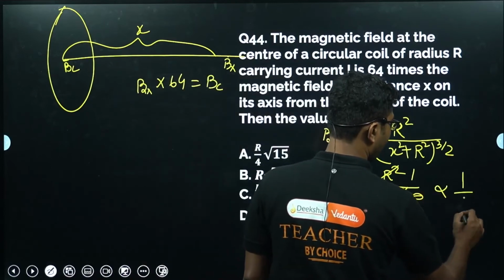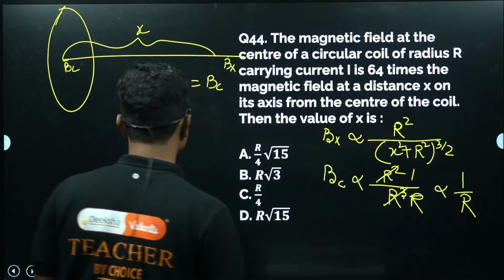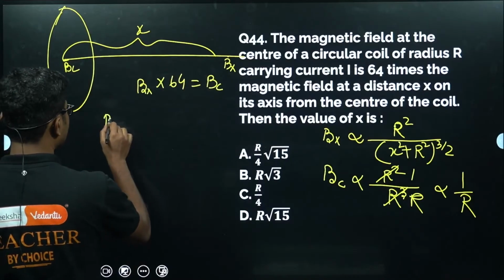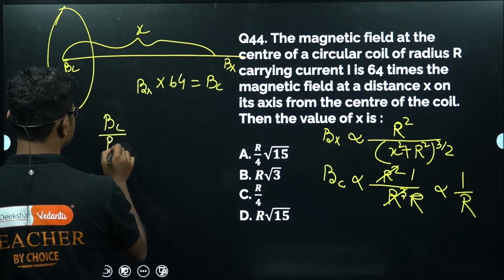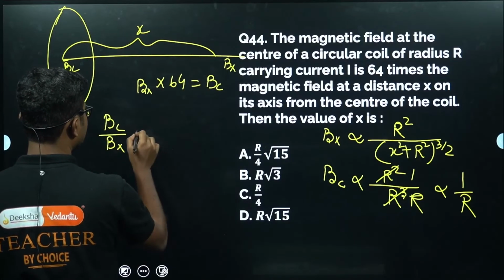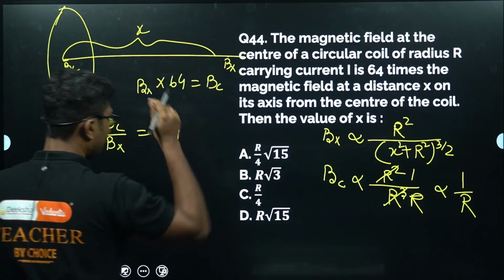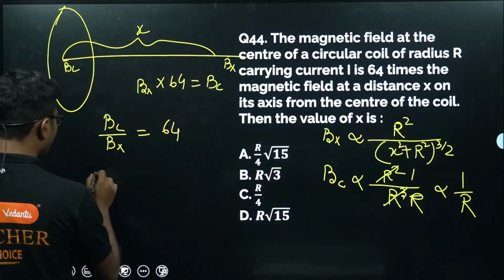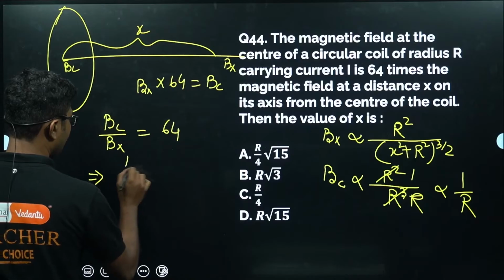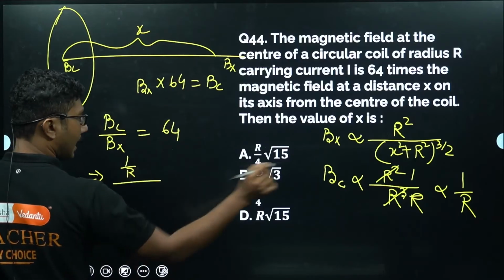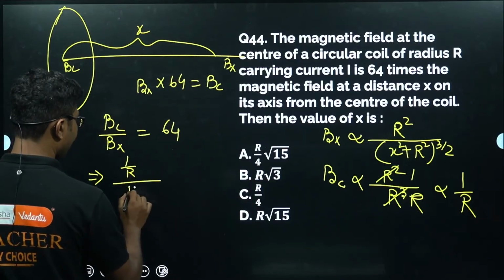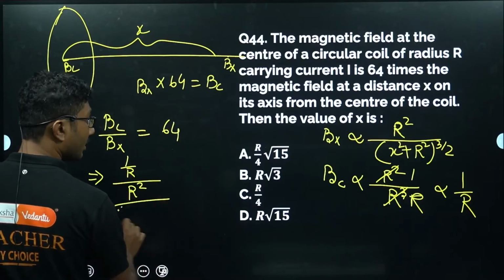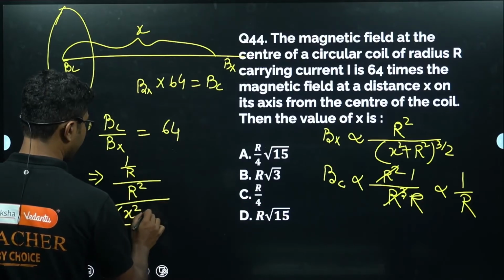Now, what we have to do? We have to divide it. So, BC by Bx is 64, right. So, we have to put the values. BC is 1 by r and Bx is r square to the power x square plus r square.